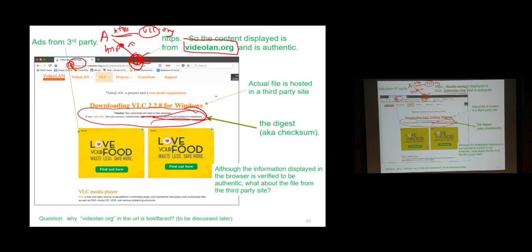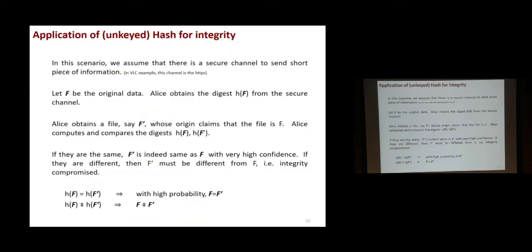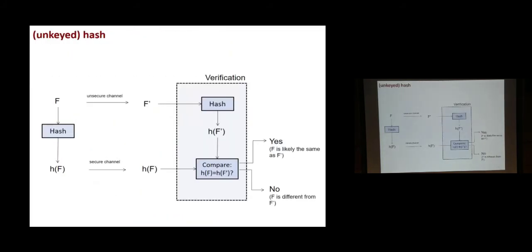So in other words, the checksum is obtained through a secure channel. But the actual file that is downloaded is not through a secure channel.